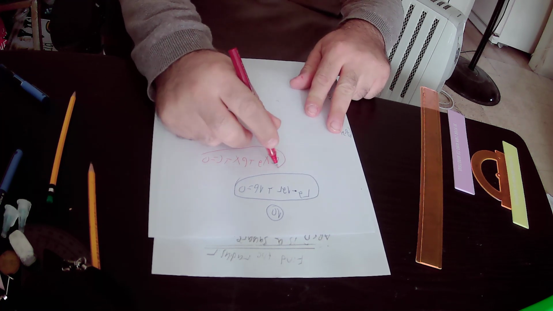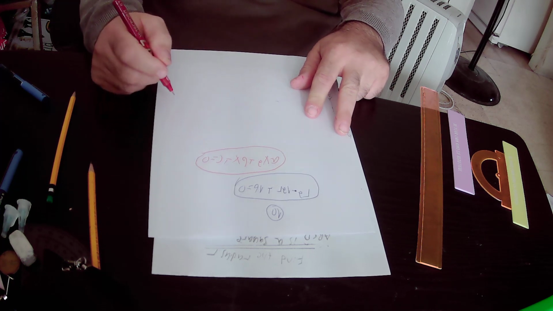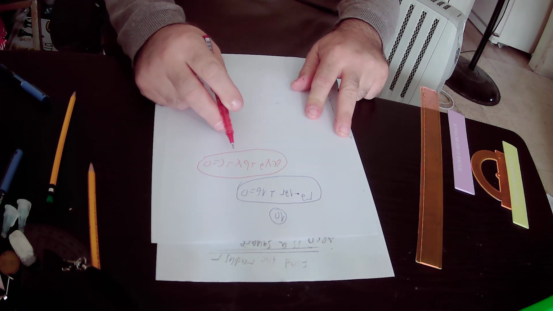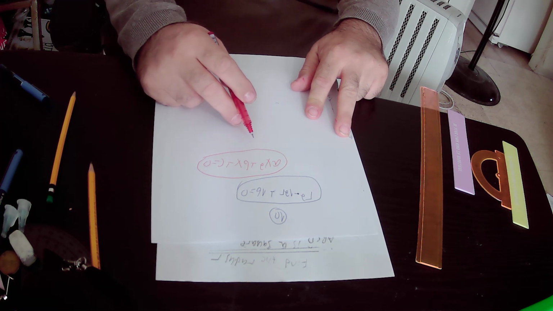This is the general formula for a quadratic equation when a, b, and c are the coefficients of a quadratic equation and x is the variable that we are looking for.